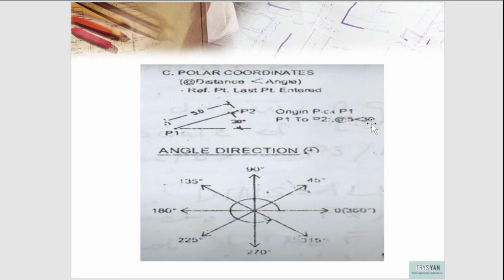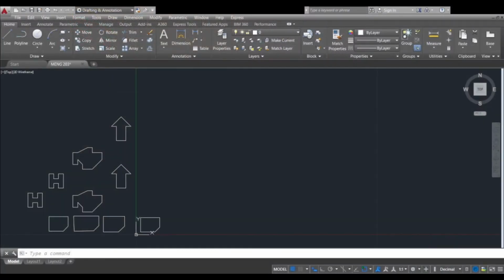If we input this in CAD, we are going to use this angle sign, which is the shift comma on our keyboard. So let's try it in CAD. Line, L, enter.